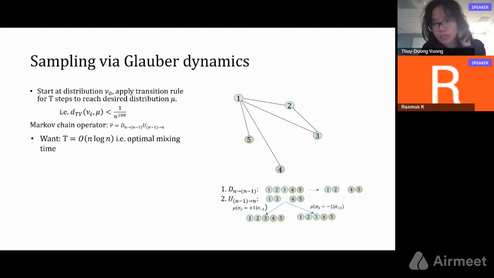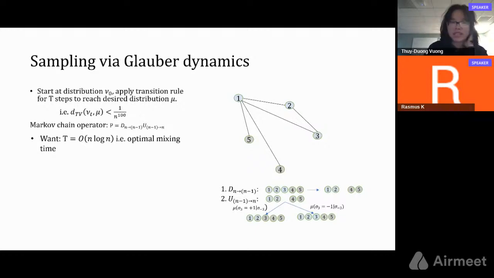For a suitably defined Markov chain, after running it for t iterations, we will reach the desired distribution, and we say t is the mixing time of the Markov chain. By reaching the distribution, I mean that the distribution after t steps will be very close to the target distribution mu in terms of TV distance.